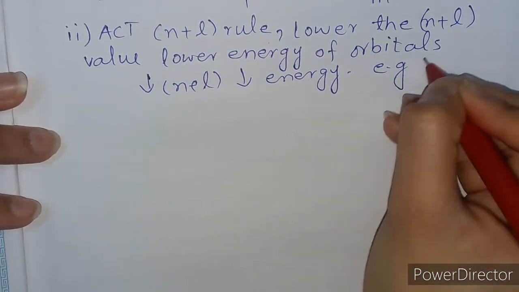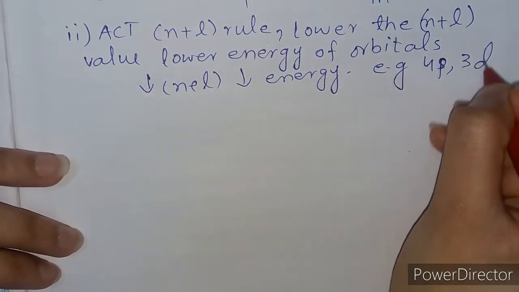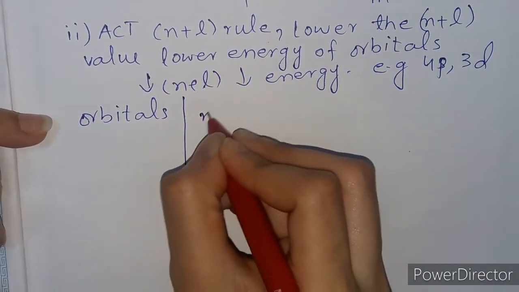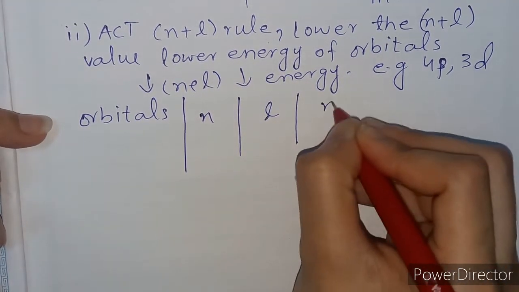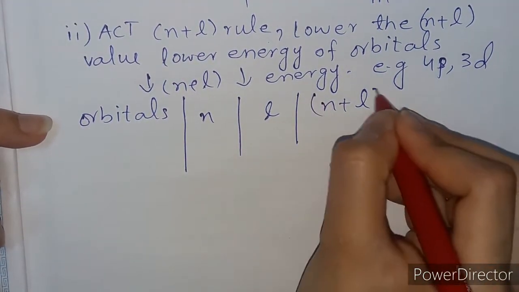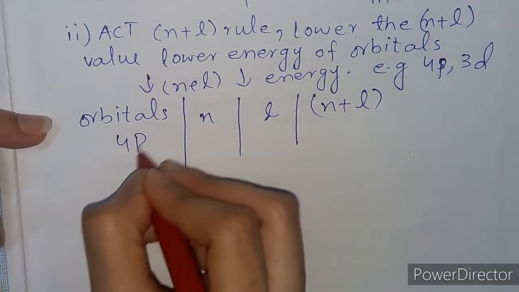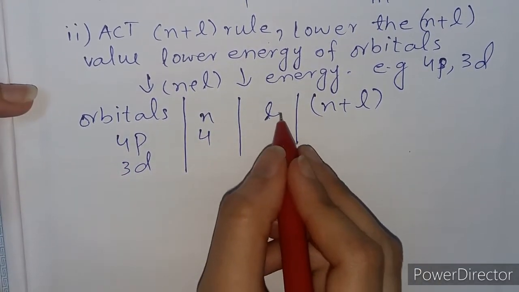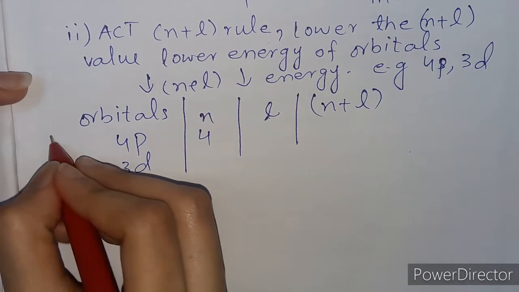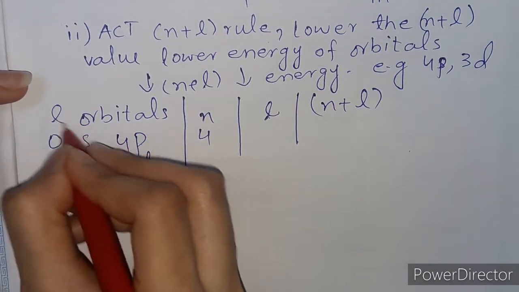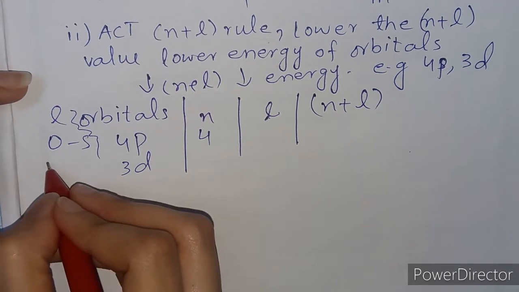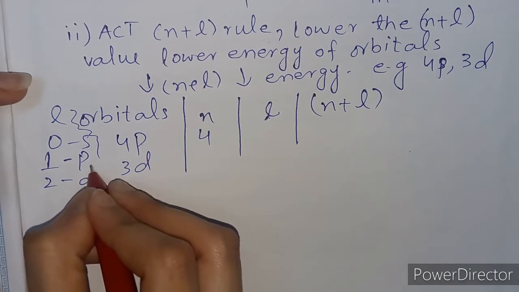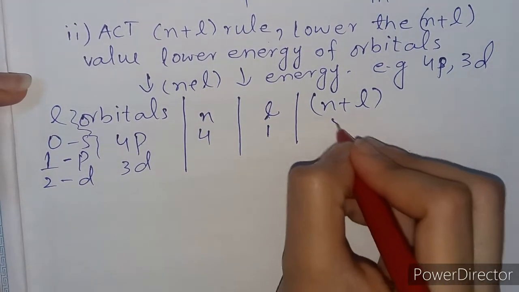For example, 4p and 3d. First we have to write the orbitals, then the value of n, then the value of l, then the value of n plus l. So orbitals are 4p and 3d. The value of n for 4p is 4, and the value of l is 0 for s, 1 for p and 2 for d. So here it would be 1, so it is equal to 5.